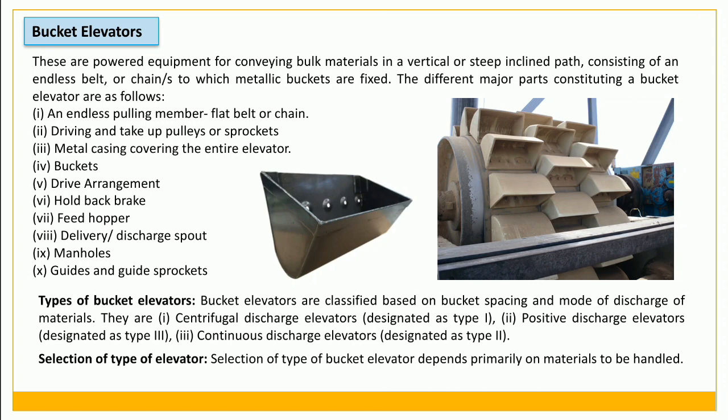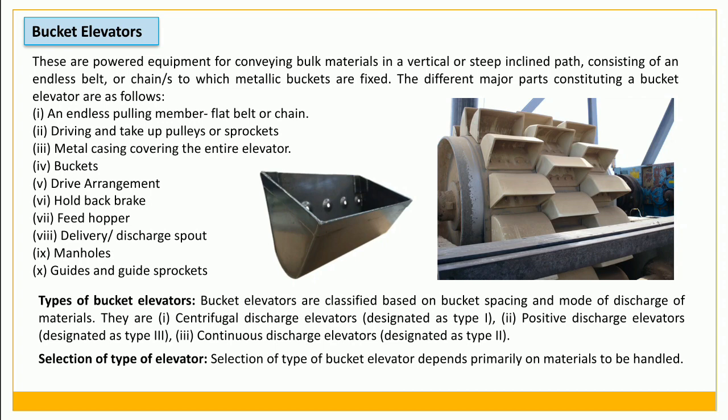They can be classified as, number 1, the centrifugal discharge elevator, designated as type 1, where the buckets are spaced at a regular pitch to avoid interference in loading and discharging. Number 2 is the positive discharge elevator, designated as type 3, which is very similar to the centrifugal discharge type, and in this case the buckets are side mounted on two strands of chain.